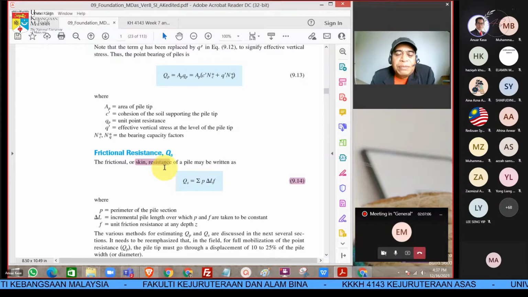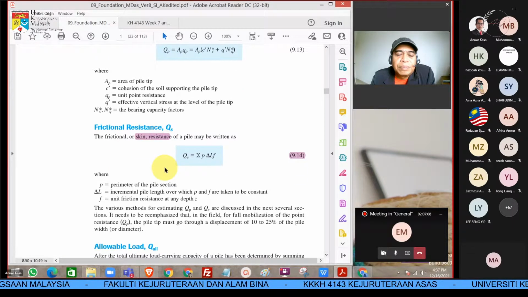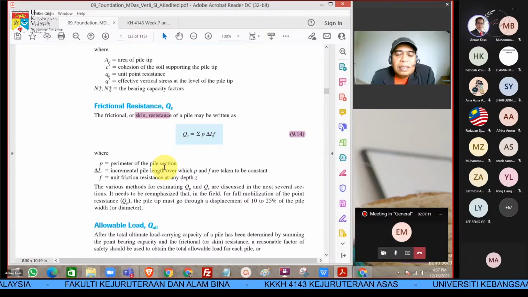For QS, or the skin resistance, the equation is like this one.